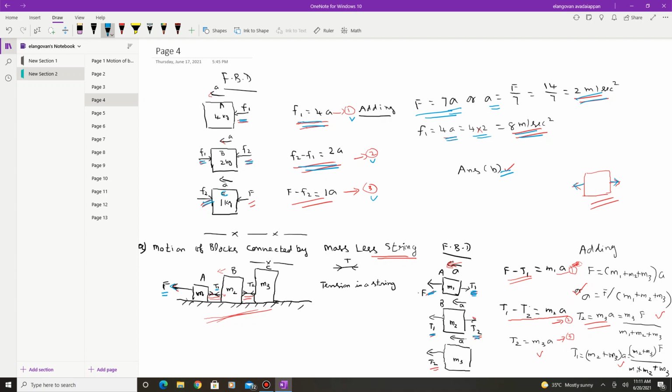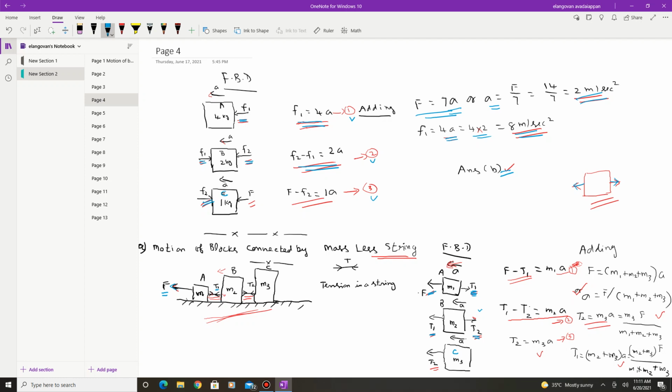T2 is acting from B to C along the string. So you consider this free body diagram for the second block, and for the third block, the block C, the mass is M3 and the tension is acting from C to B along the string.